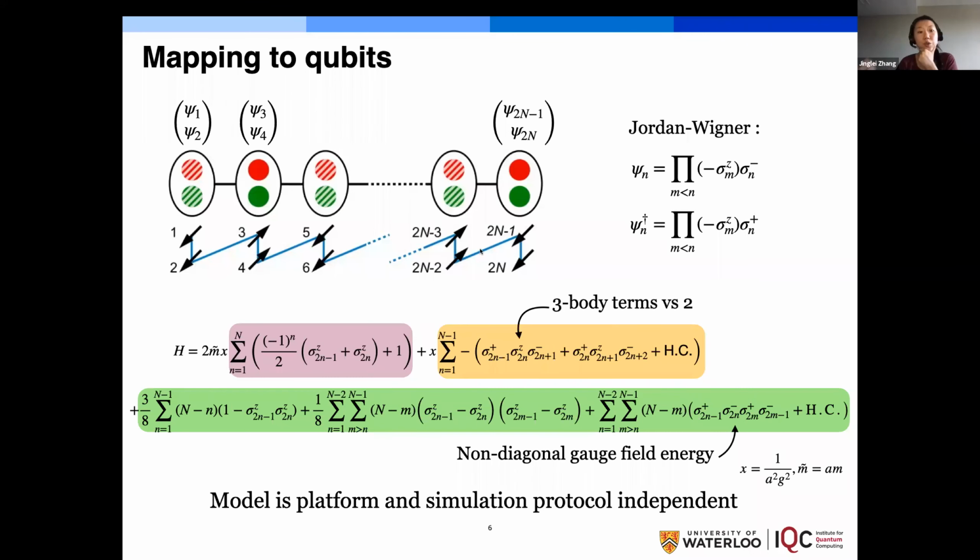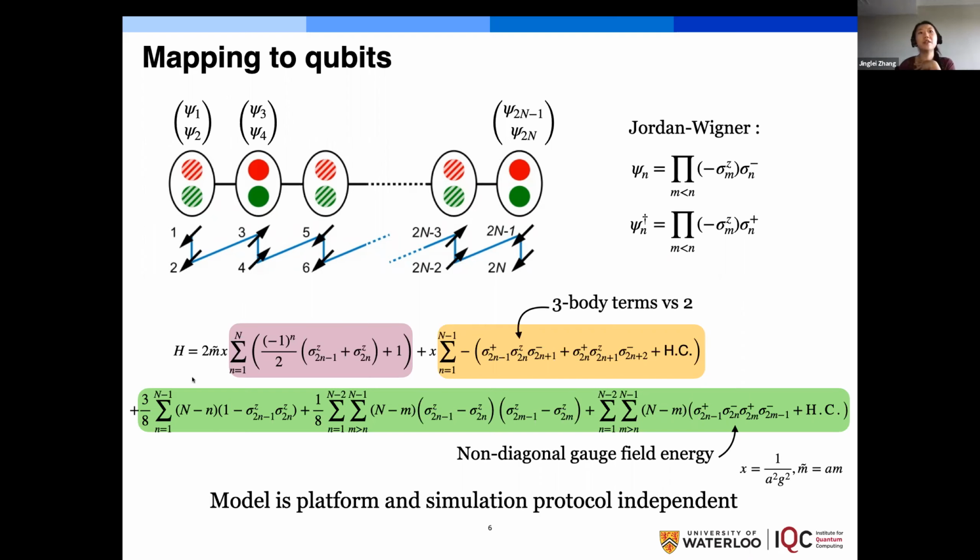So because I have these two possible colors for the fermion, for a lattice of n sites, in general, I will need 2n qubits in order to simulate all the matter. Each qubit will correspond to either a red or a green, or an anti-red or an anti-green, according to this ordering.